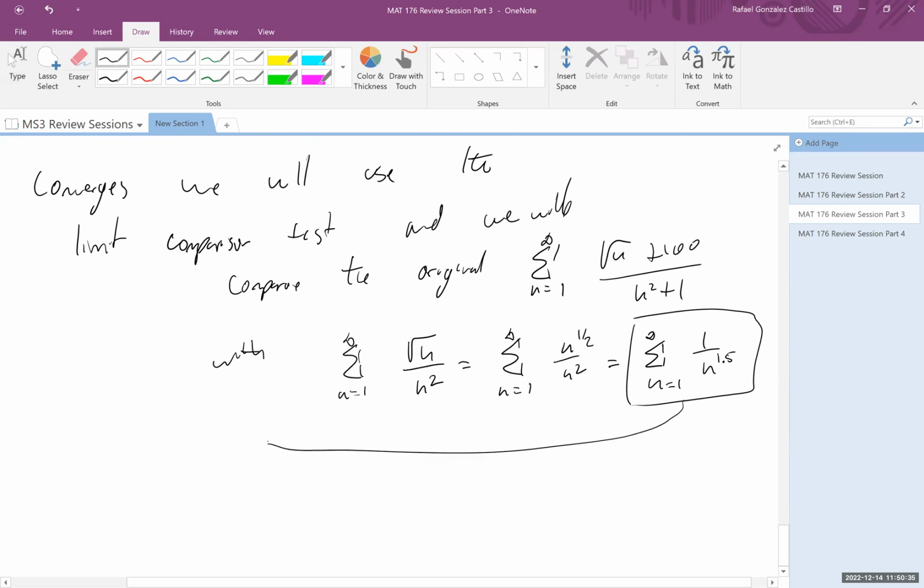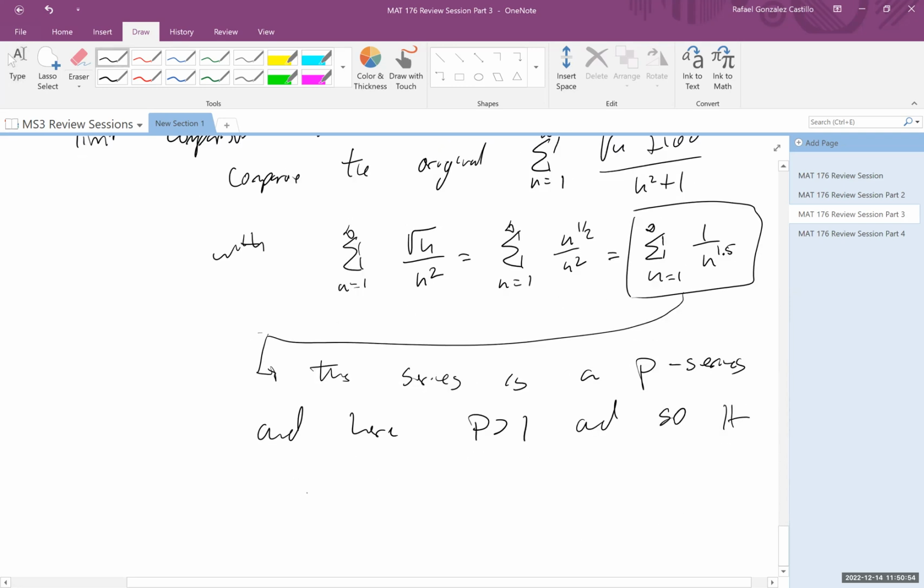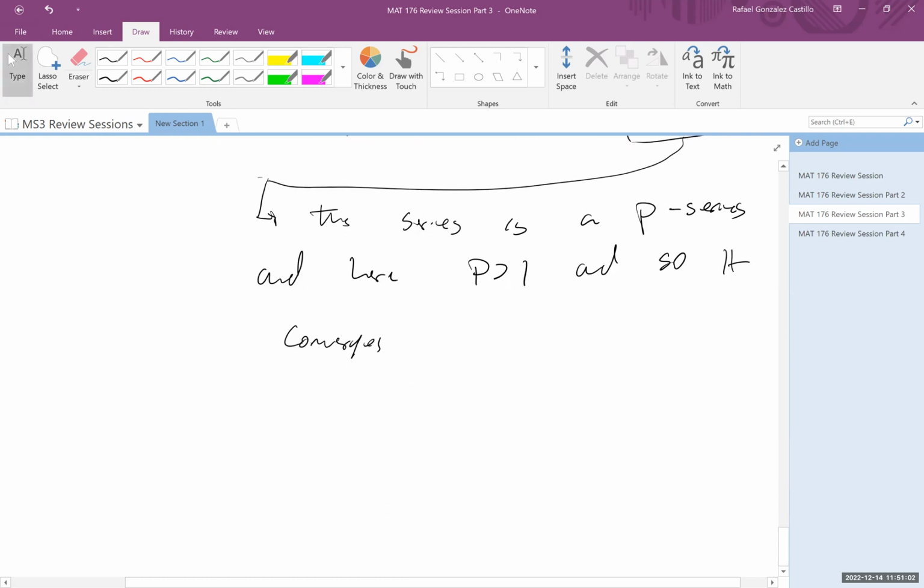Now, this particular series, as Richard said earlier, is a P series, and here P is bigger than 1, and so it converges. Now all we have to do is do the comparisons. By the limit comparison test, we take the limit as n goes to infinity of square root of n plus 100 over n squared plus 1, divided by square root of n over n squared.